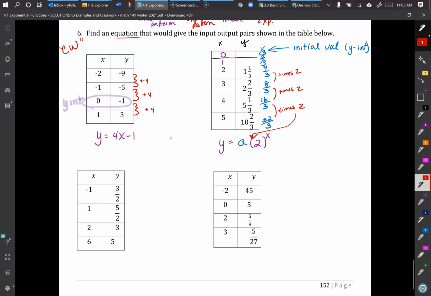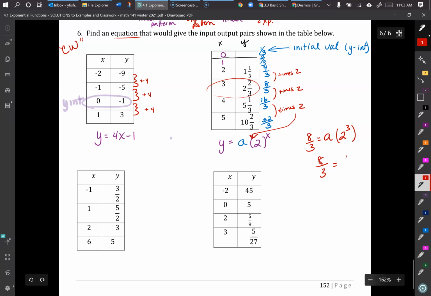So say I just pick this one, 3 and then 8/3. So I would put 8/3 for y, leave a by itself, put my base 2, and x is 3. Then I would calculate out what that is going to be.